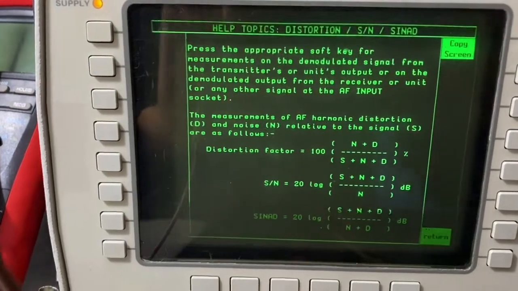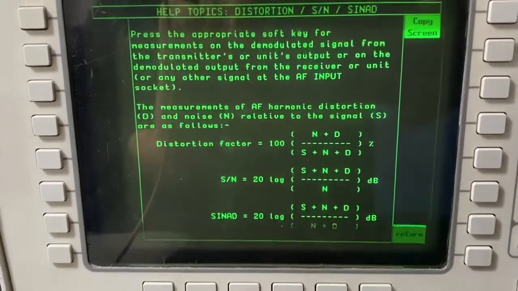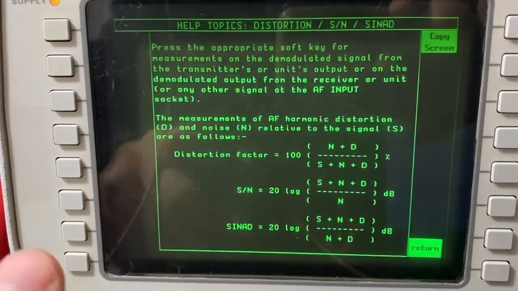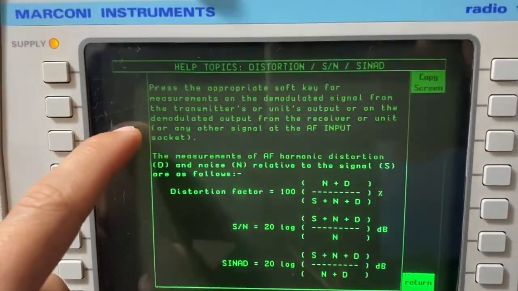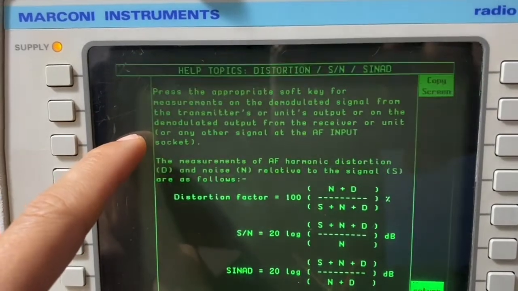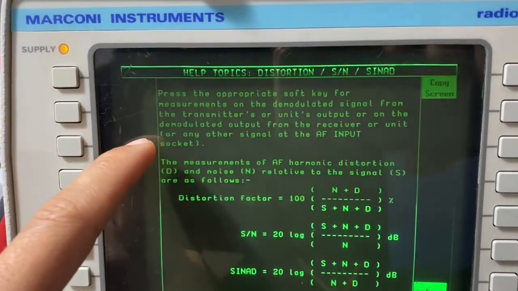And here Marconi is giving us some information. They explain how it works with this testing instrument.